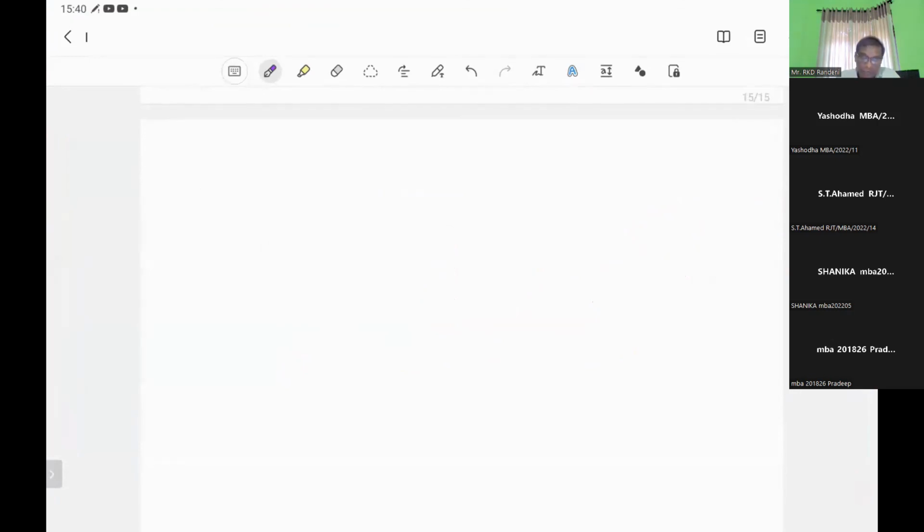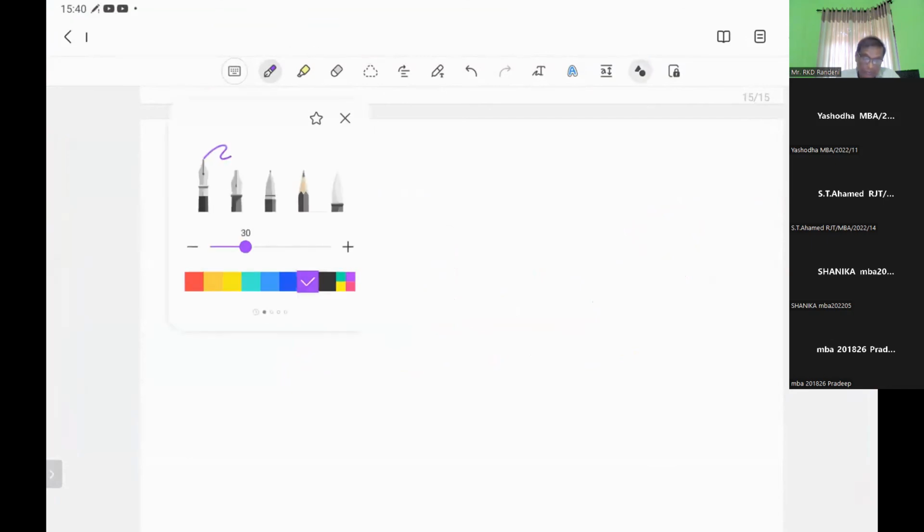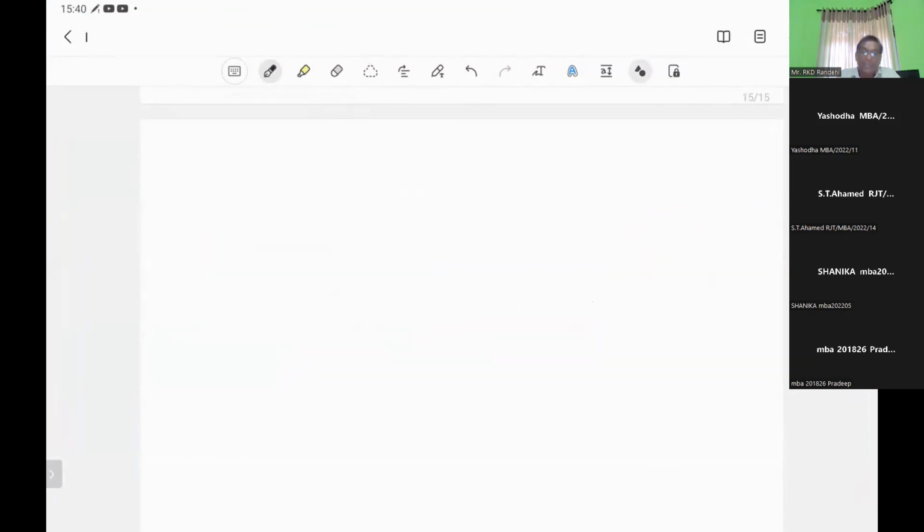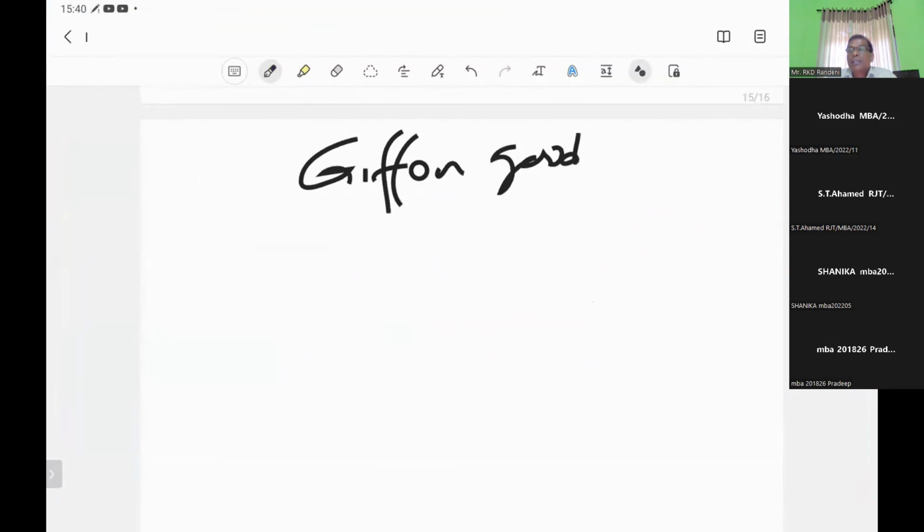Now, Giffen good. Sir Robert Giffen introduced this concept, and it carries his name, Giffen good.